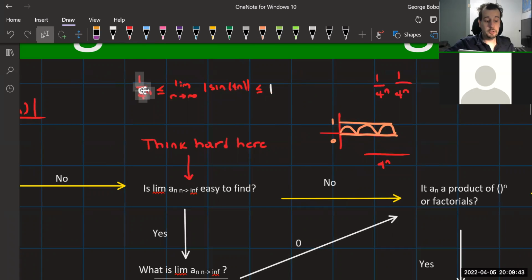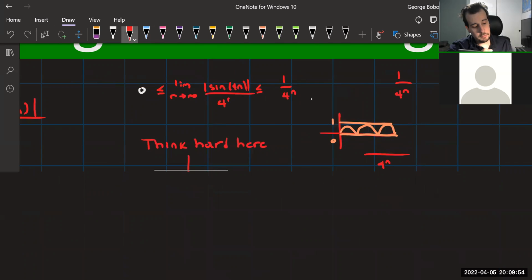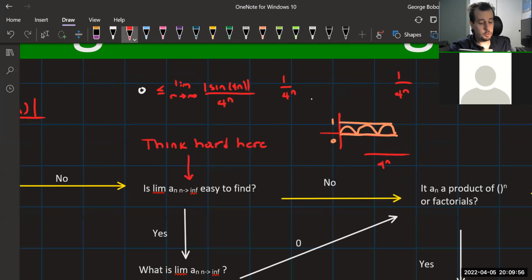1 over 4 to the n multiplied by 0 gives you 0. 1 times 1 over 4 to the n keeps you the 1 over 4 to the n. In the middle part, when you multiply it with 1 over 4 to the n, the 4 to the n goes in the denominator. So you have this situation here.